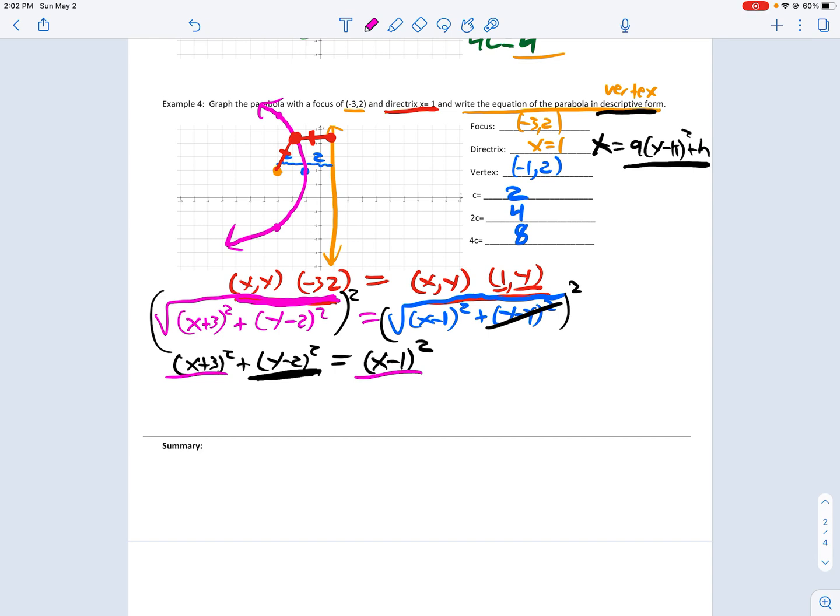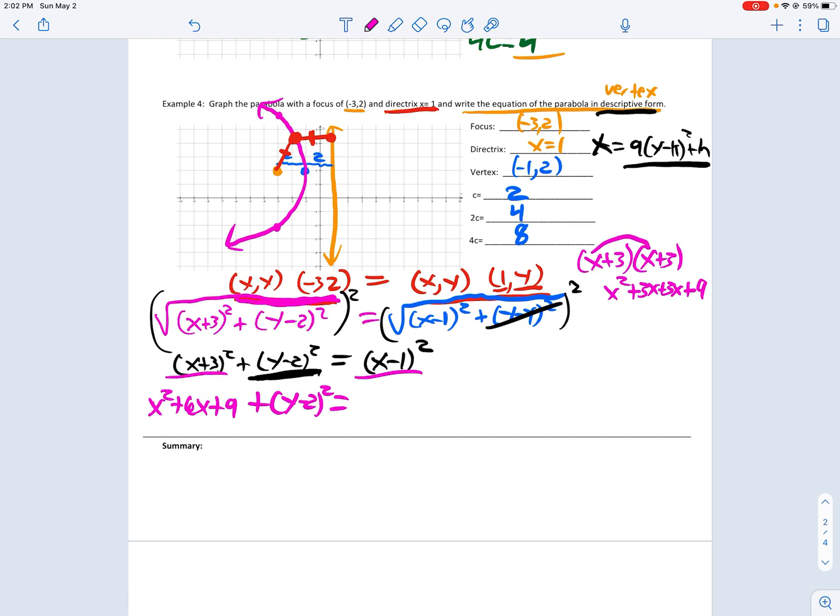So x plus 3 squared is x plus 3, x plus 3. If you FOIL that, x squared, 3x, 3x, 9. So this would be x squared plus 6x plus 9 plus y minus 2 squared.